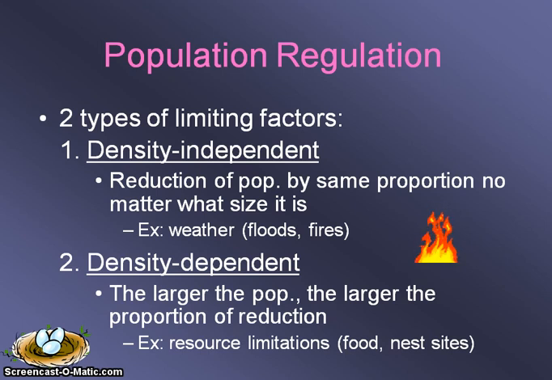It doesn't matter whether there's a lot of organisms living there or only a few. So that's density independent. Density-dependent limiting factors are affected by the population size. The larger the population, the larger the proportion of reduction will be. These would be things like resource limitations, not having enough food or habitat space.